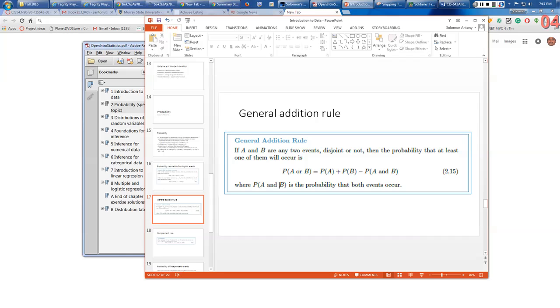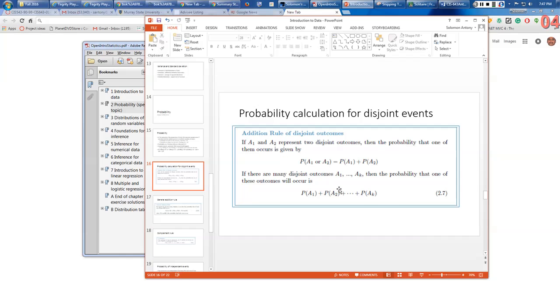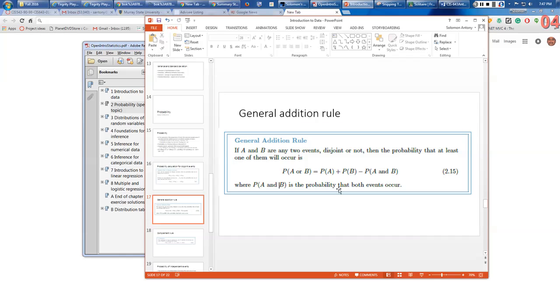Now if the events are disjoint, then the third part of the right hand side will become 0, so that will become your previous slide. If it is not a disjoint event, then probability of A and B happening at the same time is non-zero, so you include that in equation 2.15.